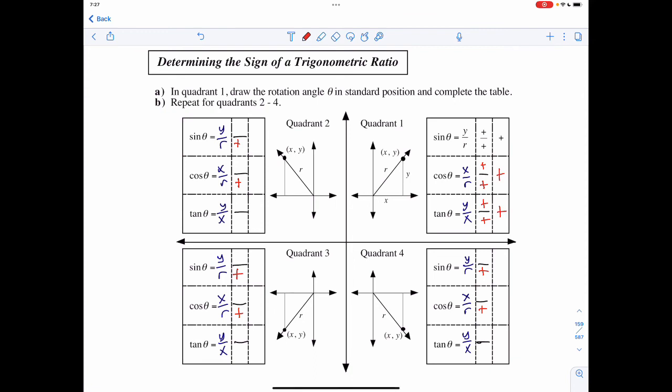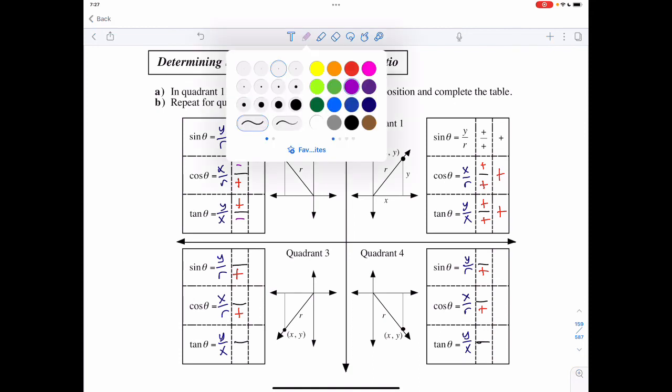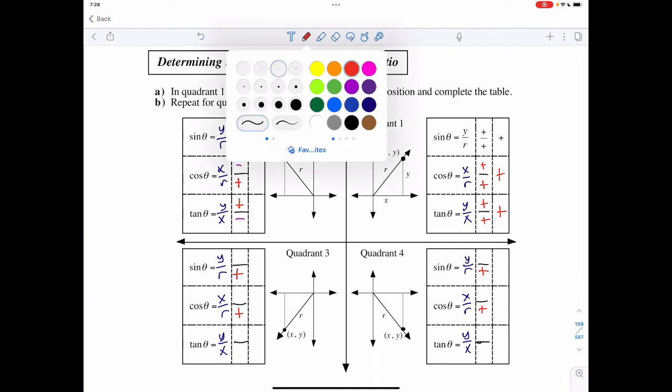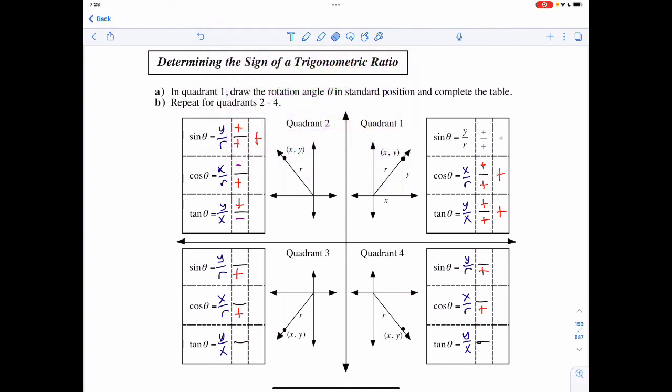When we go to quadrant 2, my y's remain positive, but my x's become negative. Now for sine, a positive divided by a positive is still positive. But a negative divided by a positive or a positive divided by a negative are both going to be negative values.